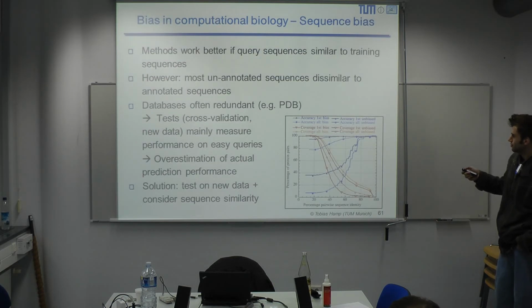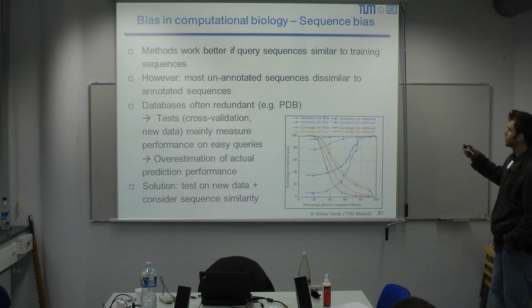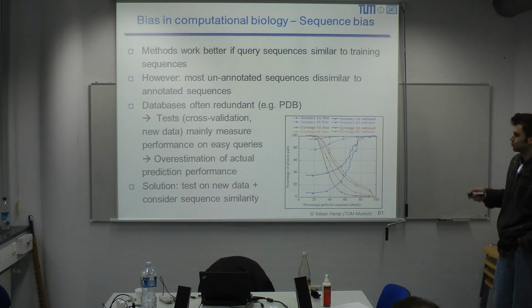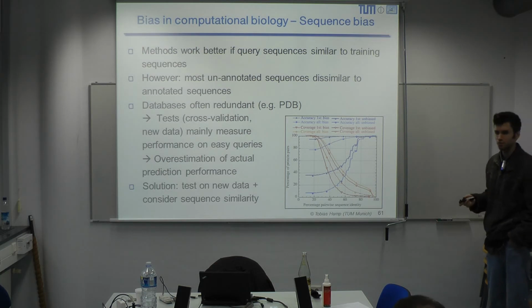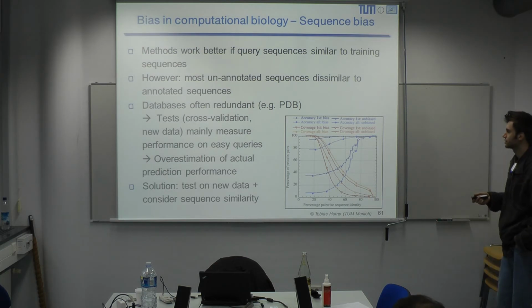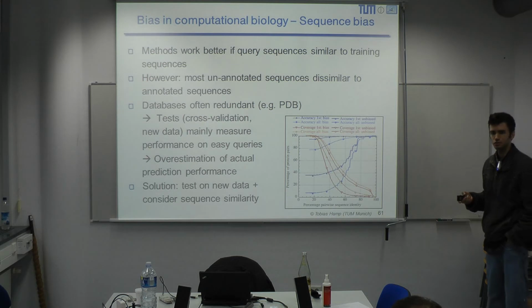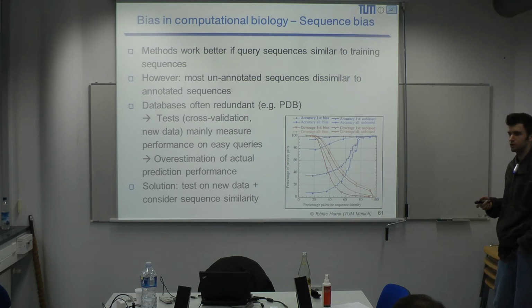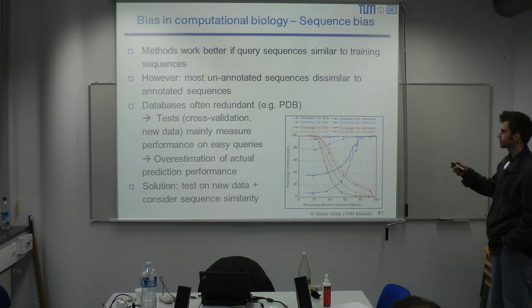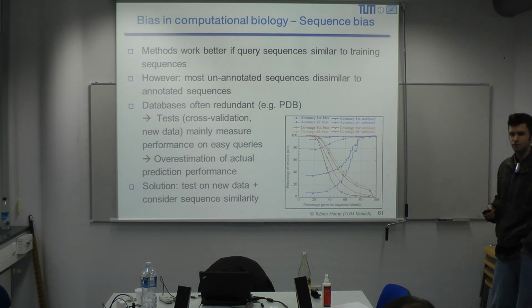First, one that you have already learned about: methods tend to improve if sequences are similar between training and test set. You have a bias by experimentalists to only study proteins that they are already confident with, and these proteins are usually similar to the ones that are already annotated.